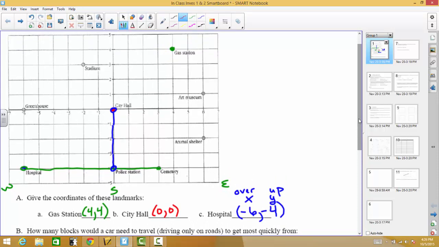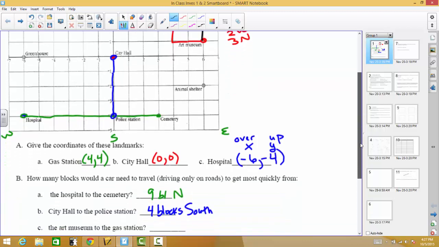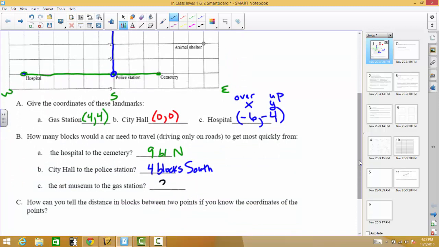It doesn't matter if you go up first or left first. Art museum to gas station. So let's say left 2, so that is west 2, so 2 west, and then 1, 2, 3 north. You'll get the exact same answer if you go 3 north and then 2 west. So order does not matter, but you do need 3 blocks north and 2 blocks west.